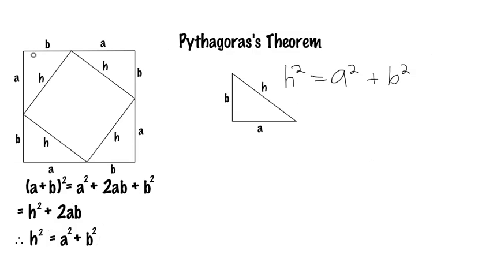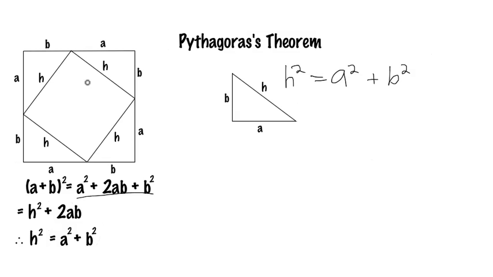Very quickly, here's how it works. We've got a square with another square inside it, and that gives us these four similar triangles. The bigger square has a side of length a plus b, so the bigger square has an area of (a plus b) squared, and that can be written out this way.